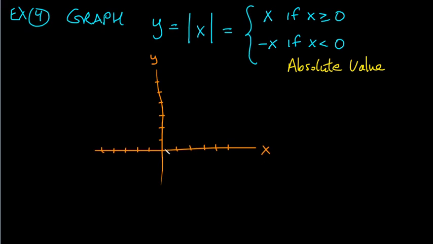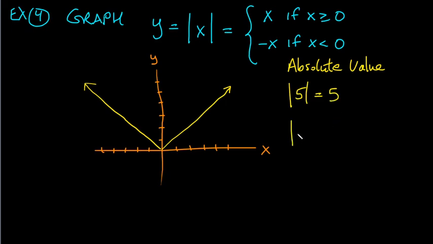So when x is positive, it's just y equals x. And when x is negative, it's y equals negative x, which has a slope of -1. So it's just this v-shaped graph. Remember, when you take the absolute value of a positive number, you just get that number back.